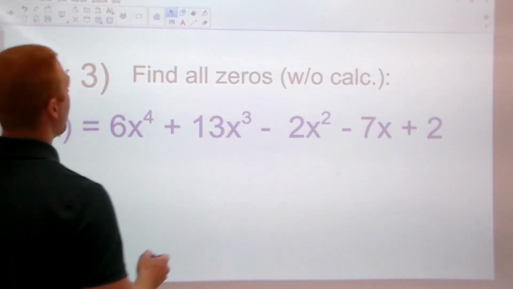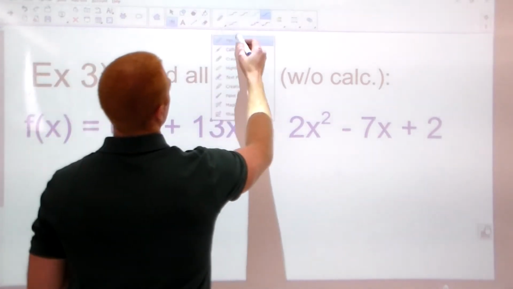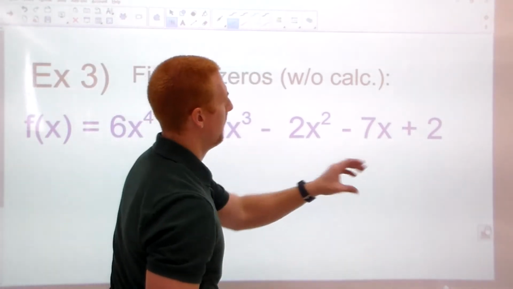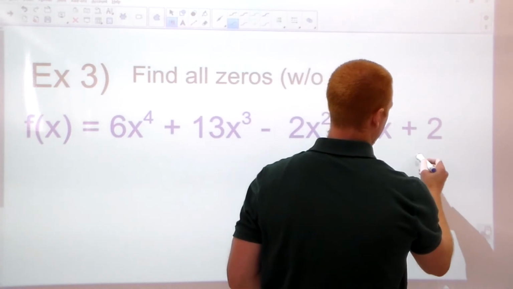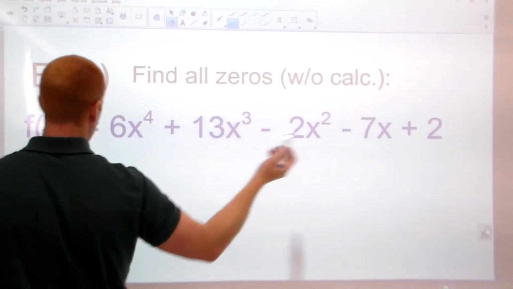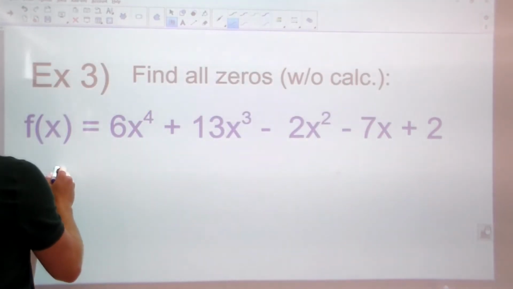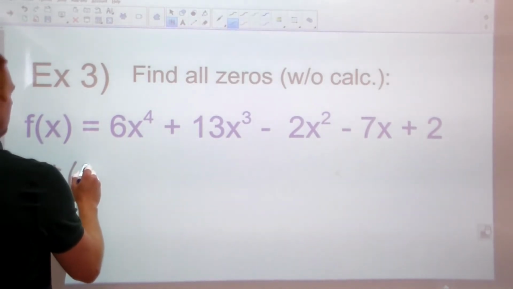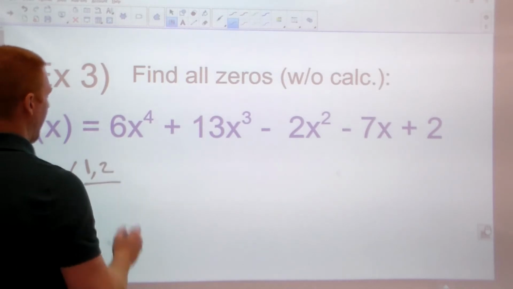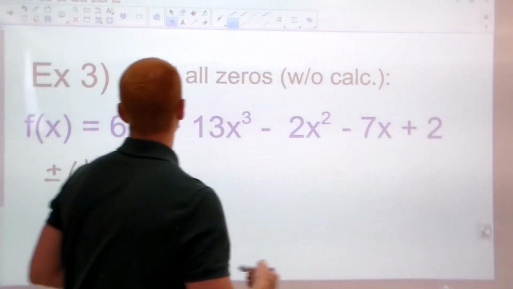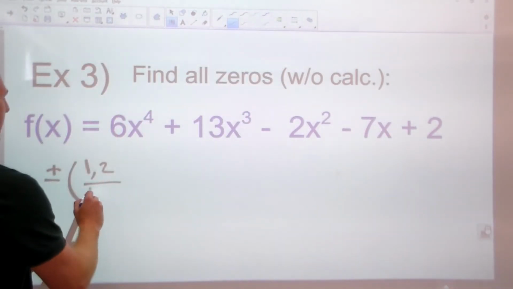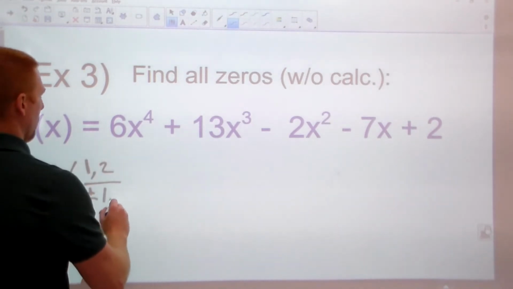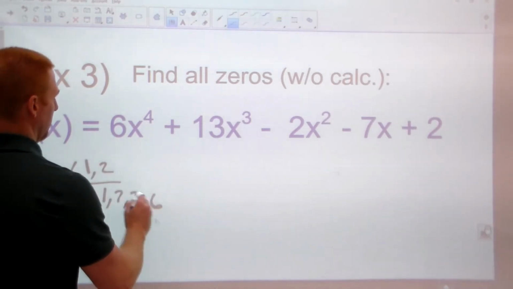So let's look at our possible rational zeros. Well, it could be factors of plus and minus 2. So let's do it this way. It's plus or minus 1 or 2, factors that make 2, and plus or minus factors that make 6, so 1, 2, 3, and 6.